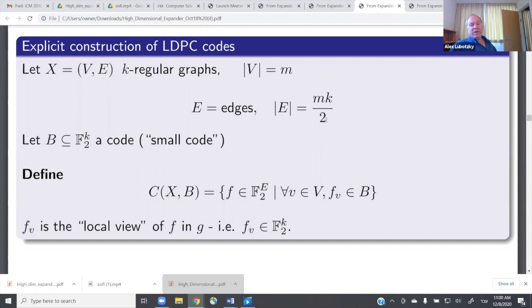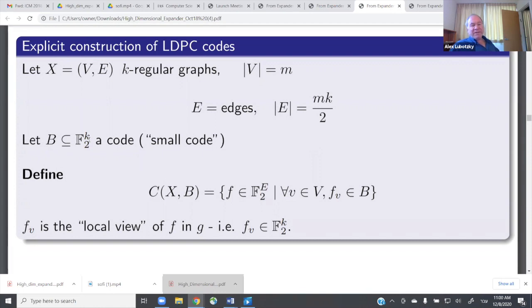Now we are going to define a code of length N using a small code. The small code will be, again, just a subspace of F2 to the k. Remember, k is constant for us. This is a small code once and for all that will be chosen in a minute.